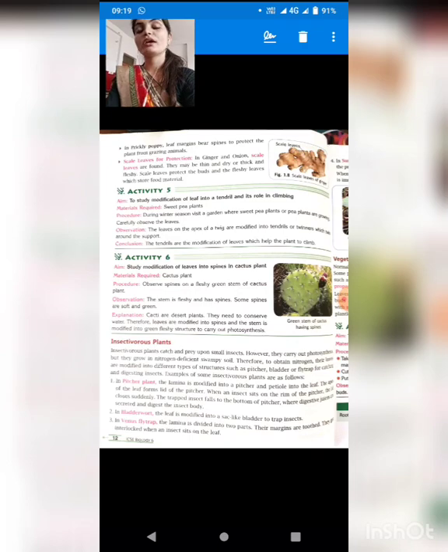Here the scales protect the buds, and the scales also contain a fleshy, edible part. Before starting insectivorous plants, see the diagram in activity 6. That diagram is of cactus. Here also the leaves are modified into spines to reduce the rate of transpiration.